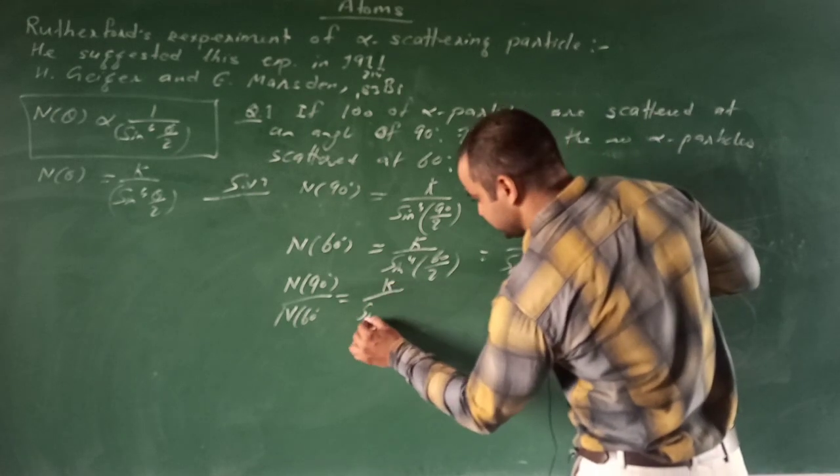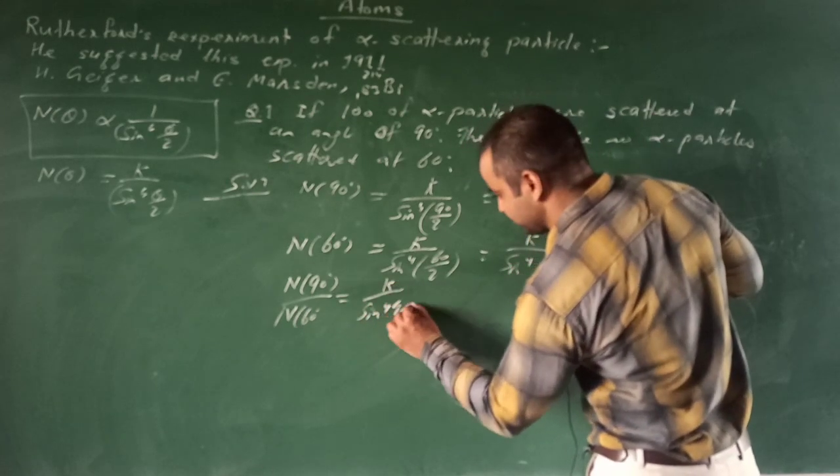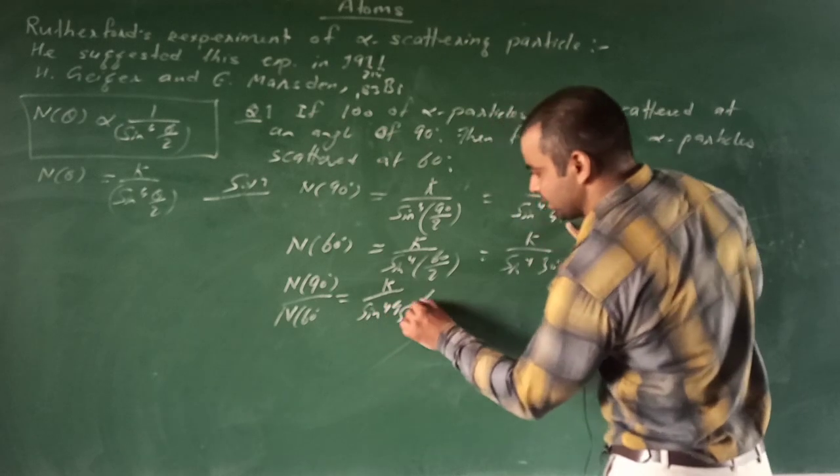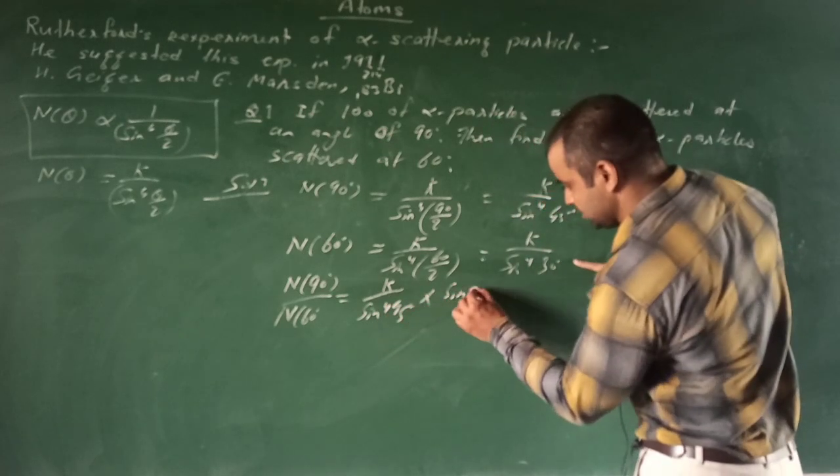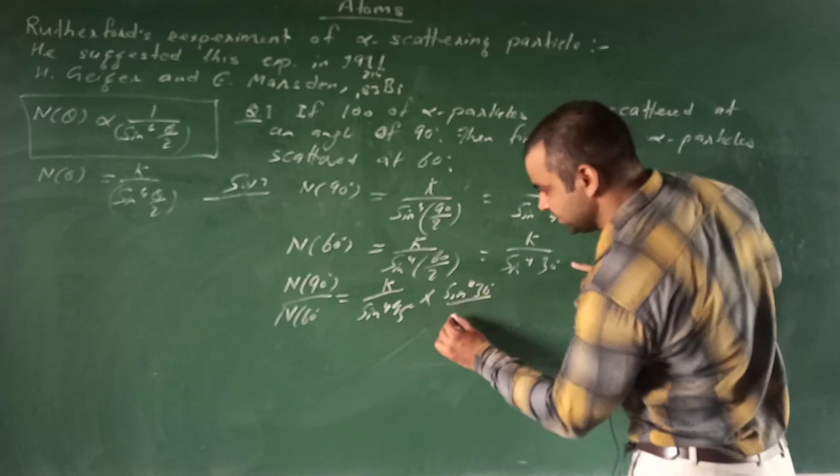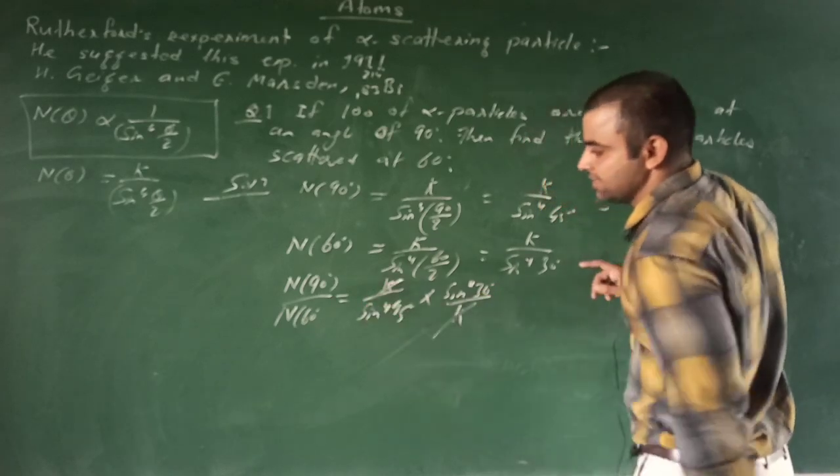K by sin 4 of 45 into sin 4 of 30 degrees by k. K is cancelled.